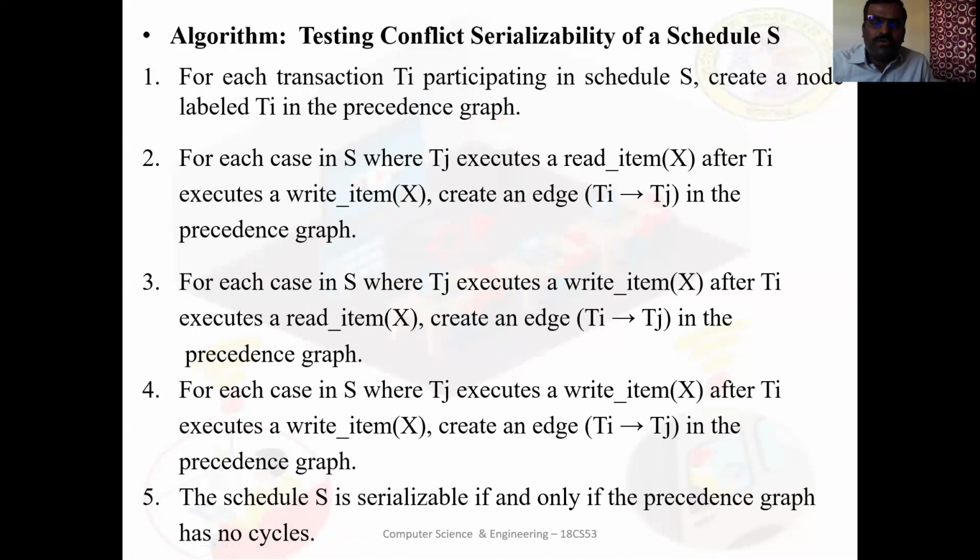Next, we will discuss the algorithm for testing conflict serializability of a schedule.